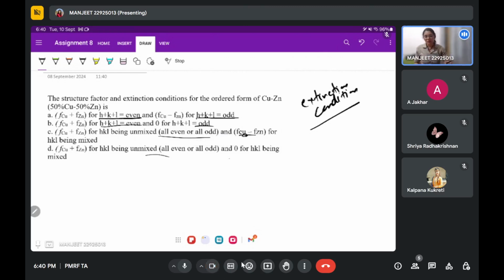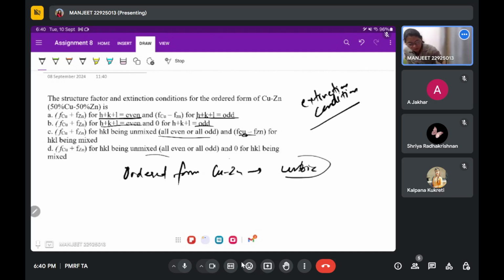In the ordered form, it satisfies cubic behavior, so whatever the diffraction condition coming from this one and this one, it should be satisfied, I mean when they have zero phase difference it will be constructive. If they have a π phase difference between them, then they will give the diffraction one.